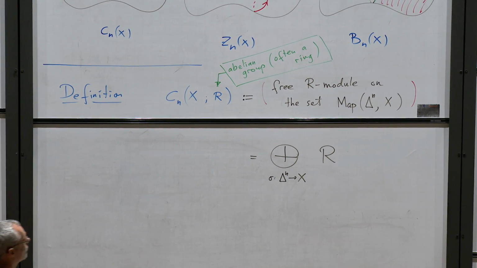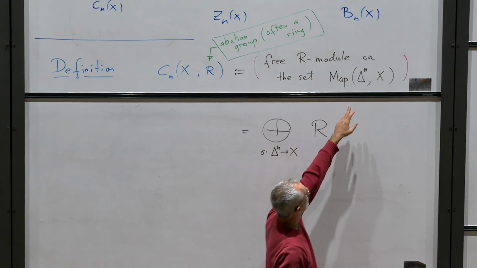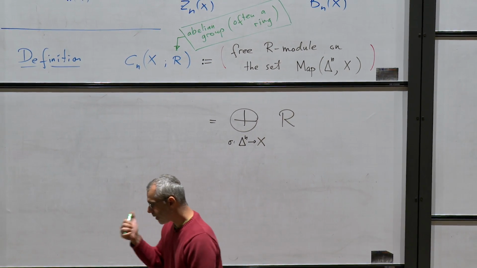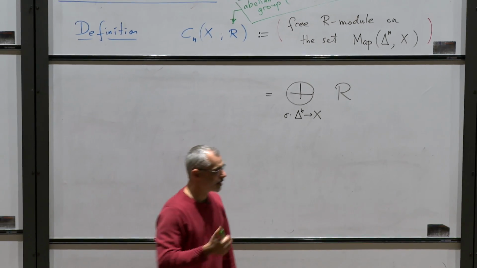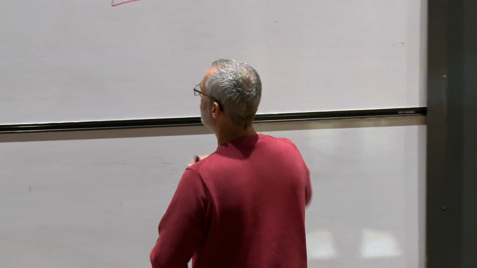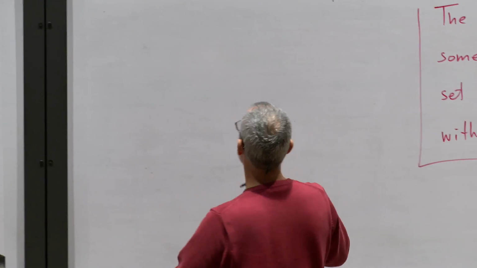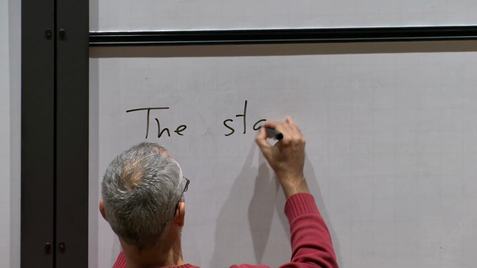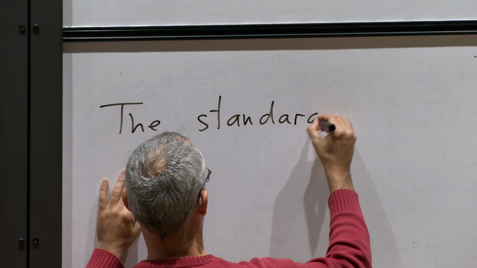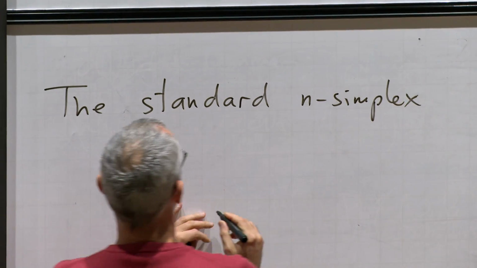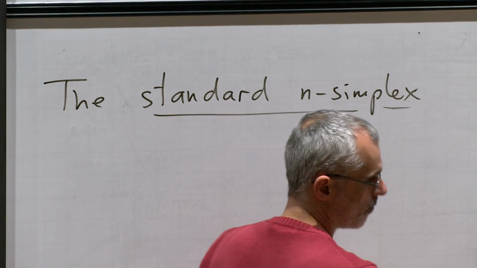And this means continuous maps from delta n to X. I didn't tell you what delta n is. Delta n is what is known as the standard n simplex. OK? So here's the standard n simplex.